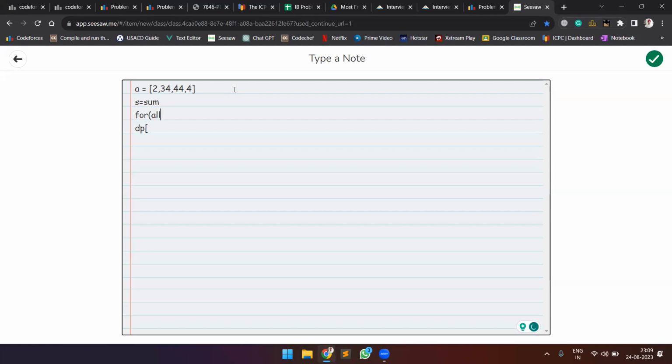So for all possible x belonging to subsets of 1 to n, this is the basic idea. All possible x means that x is the sum.